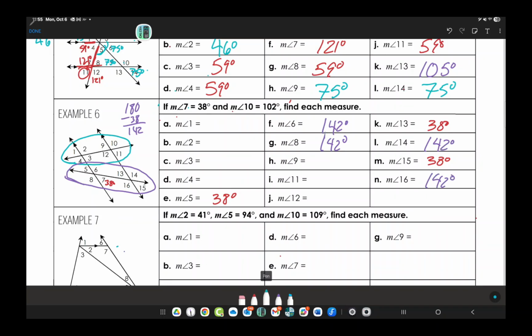All right, we're given angle 10 is 102. So what else is 102? 12 and 2 and 4. Now, what's left if we take 180 minus 102? 78 degrees, 78 degrees, 78 degrees, 78 degrees.